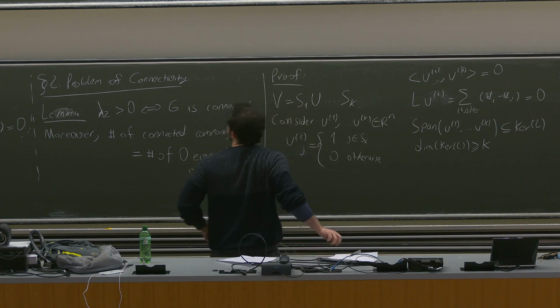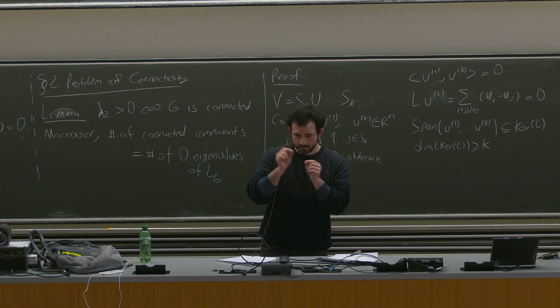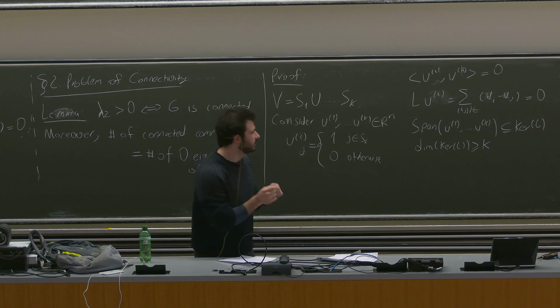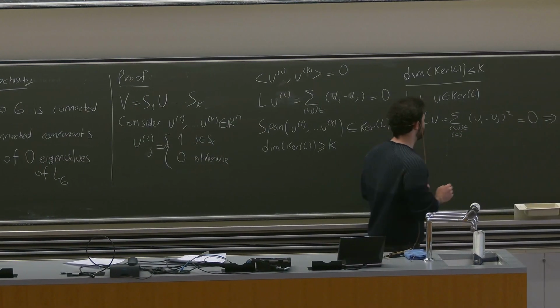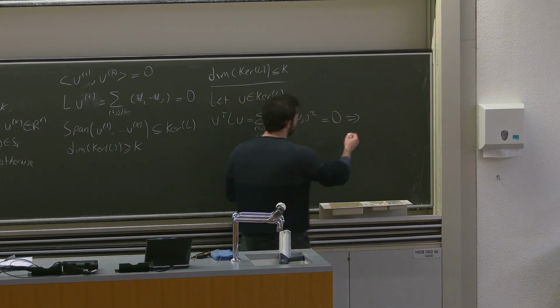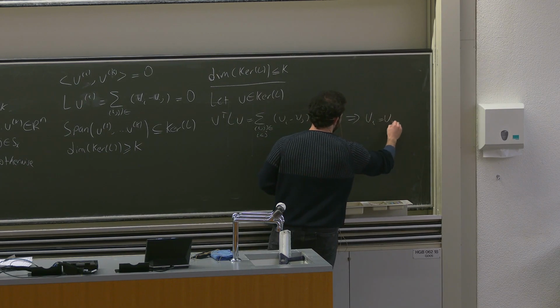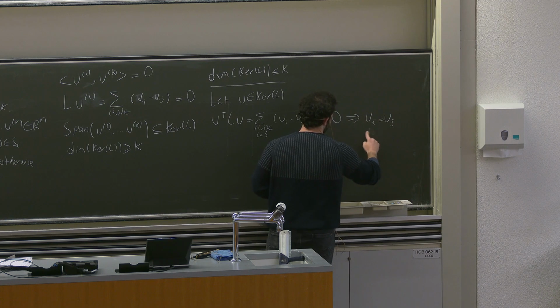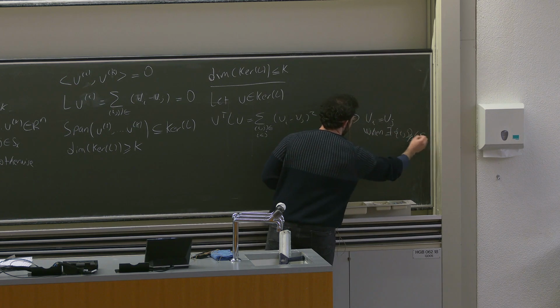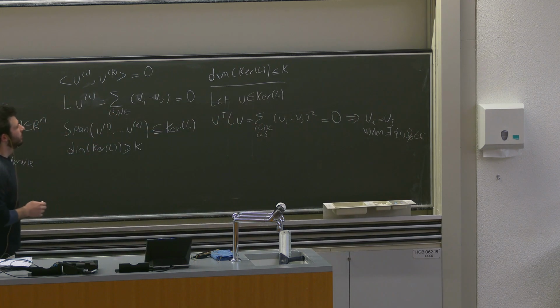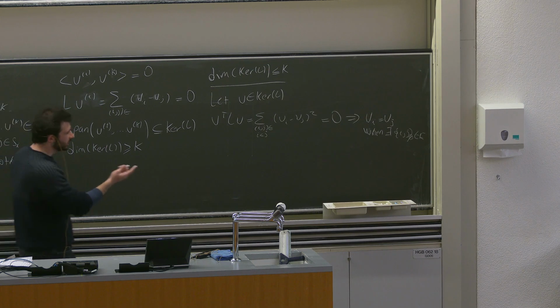So this implies that, since they are all squared terms, u_i equals u_j whenever there exists an edge ij in E. And by induction, you can see that any other node in this connected component should have the same value as well.